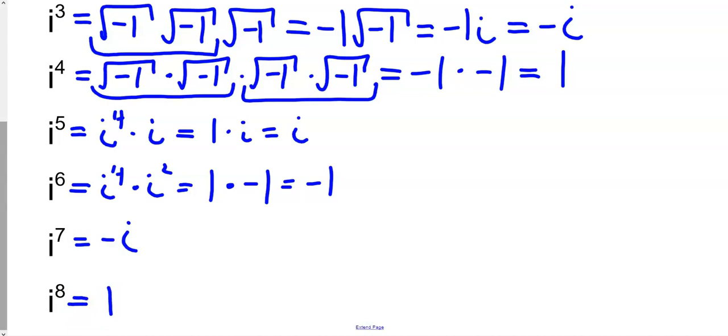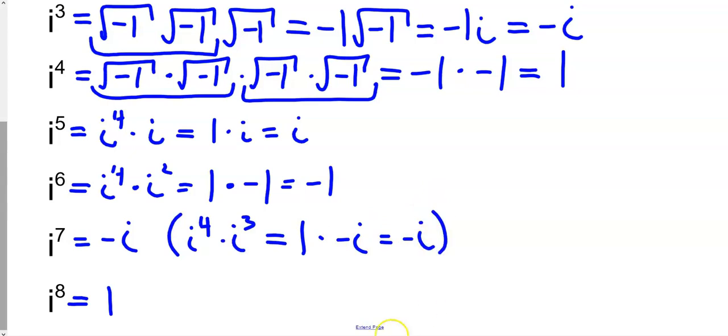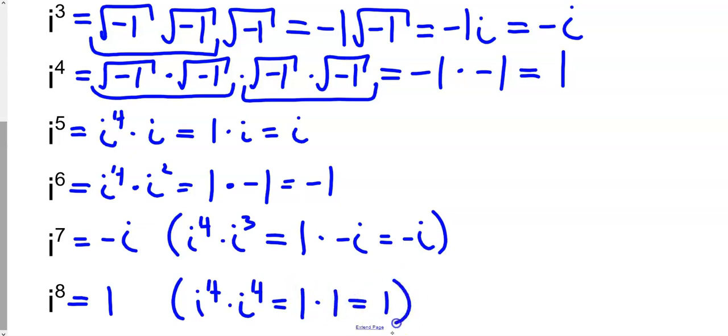Because again, i to the seventh is made up of i to the fourth times i to the third, which we know i to the fourth is 1. We know i to the third is -i, which gives you -i. And the same thing happens down on i to the eighth. It's just made up of two i to the fourths. i to the fourth, i to the fourth, which is just 1 times 1, which is 1.